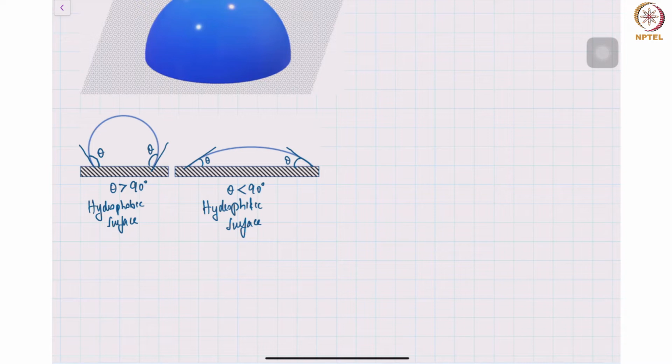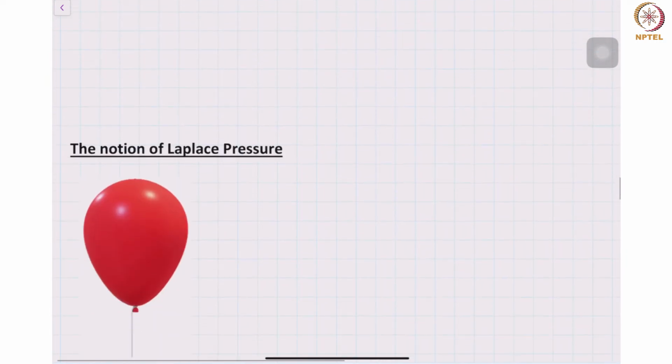But when it is in contact with a solid, there is another interaction with the solid that comes in, and you now have new vocabulary that has entered our discussion, words like hydrophobic and hydrophilic. Another vocabulary that is very important when we discuss surface tension is the so-called Laplace pressure. This is something that we will be discussing now.